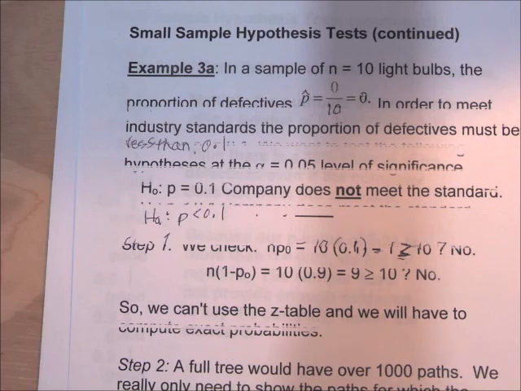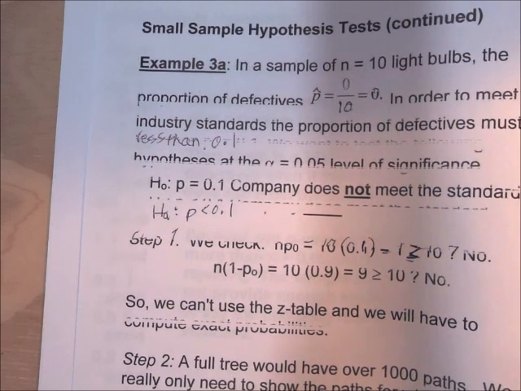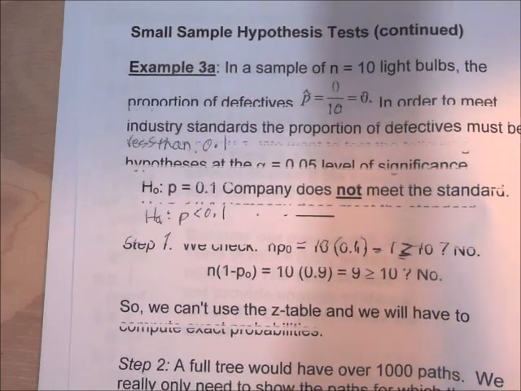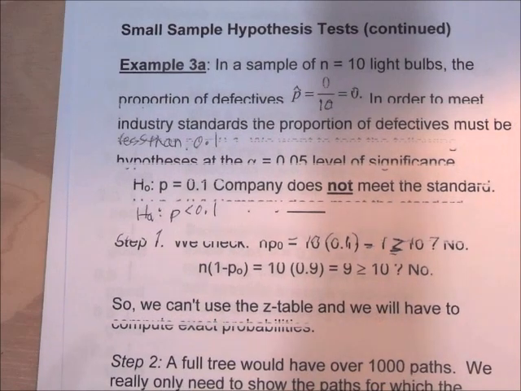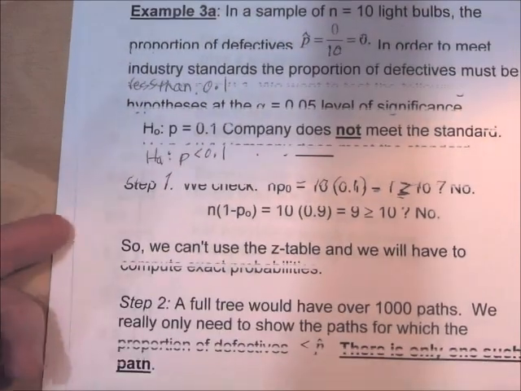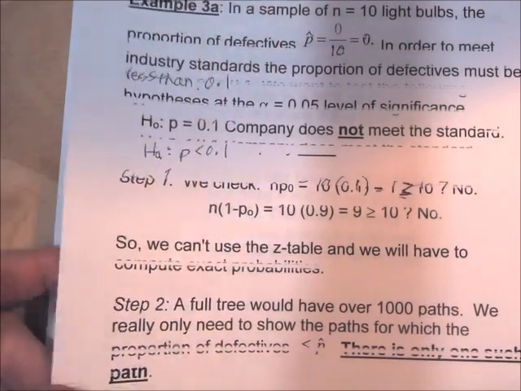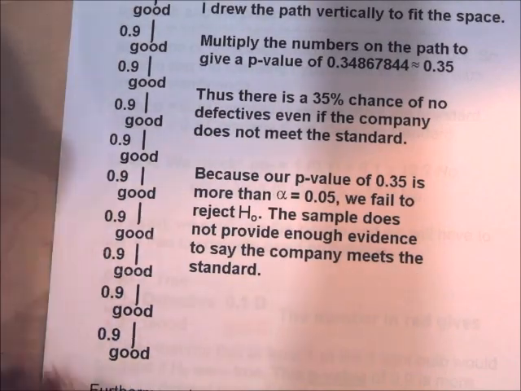So each time you add a light bulb, the number of paths doubles. So the full tree would have over 1,000 paths. It's not going to be practical. But we really only need 1 path. There's only 1 path where all 10 are good.